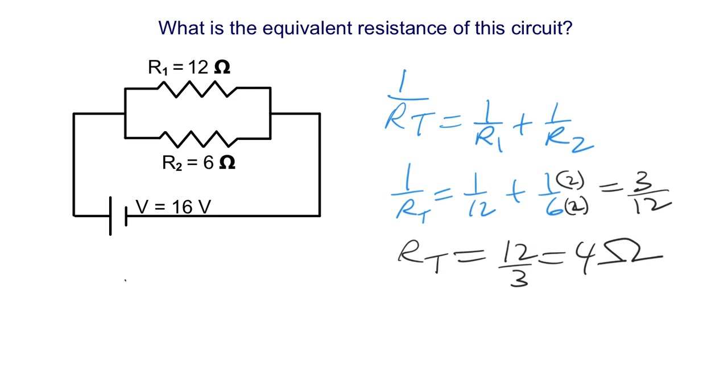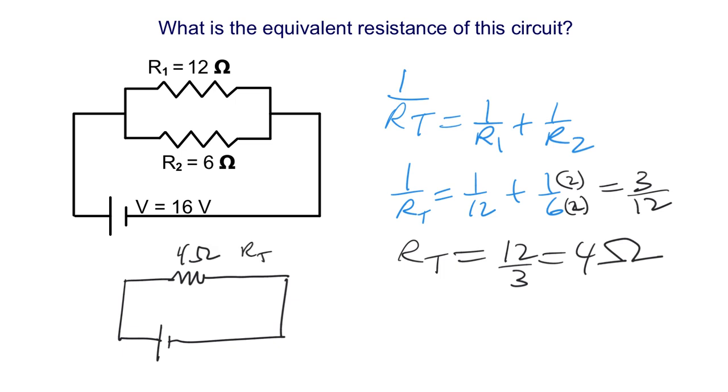So I could rewrite this as 1 resistor, 4 ohms, RT. So instead of this mess, I could put it like that.